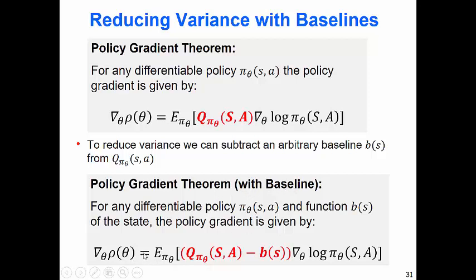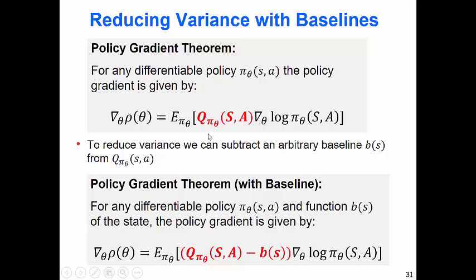And notice you still have an equality here. So this is kind of a surprising thing at first, that you can just subtract some arbitrary function of S. So it's critical that it only depends on S. So you can subtract some arbitrary function from this Q value and put it inside the expectation, and it still has equality here.